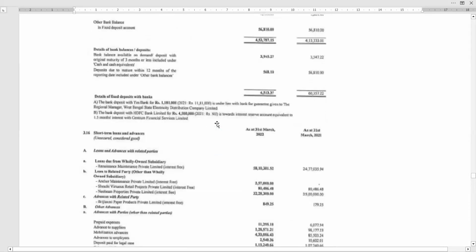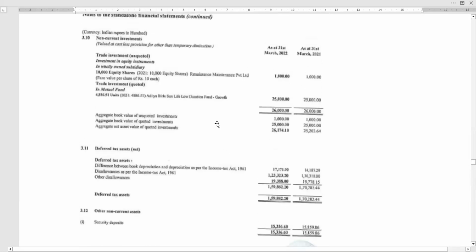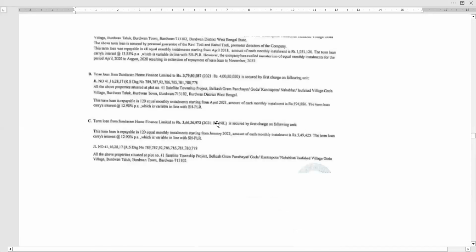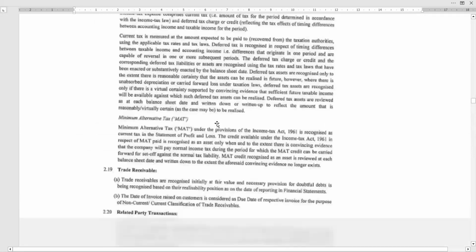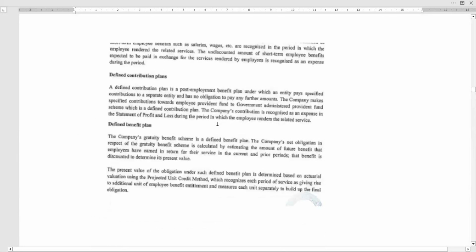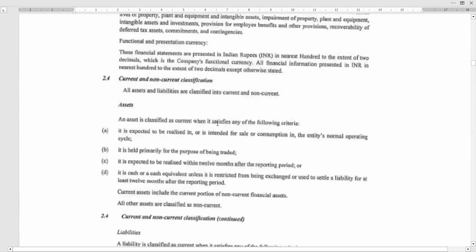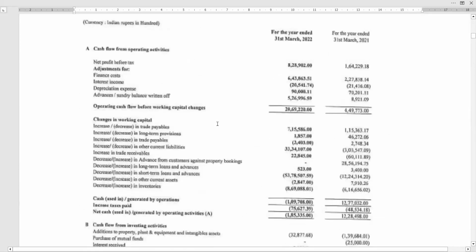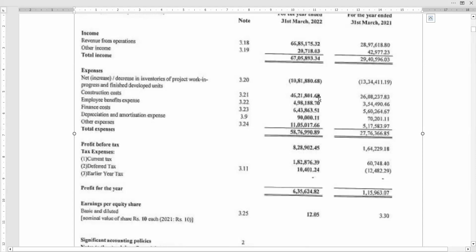If you go back and see the P&L, you see here now 10 lakhs is negative, 46 lakhs is positive.